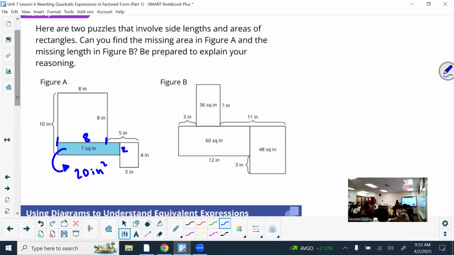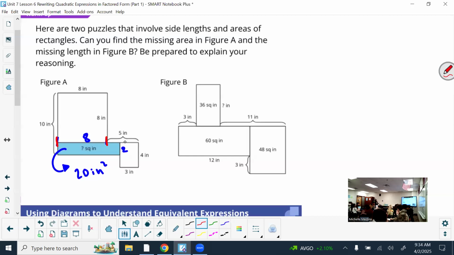First, you'd probably find this side. Squares are also rectangles, and we know rectangles have their opposite sides the same. So we know that from here to here it's 8.